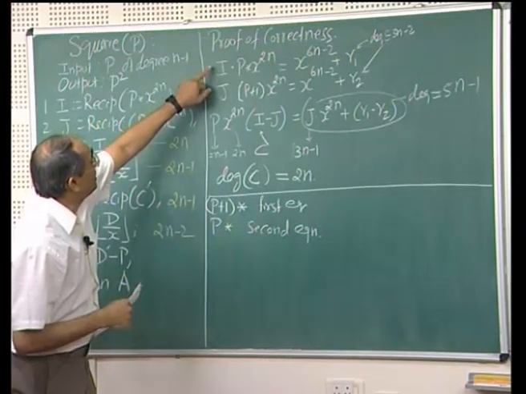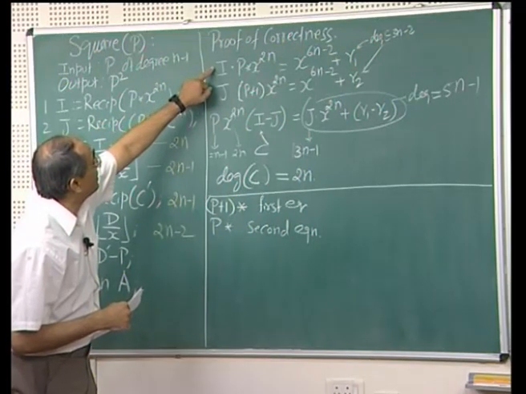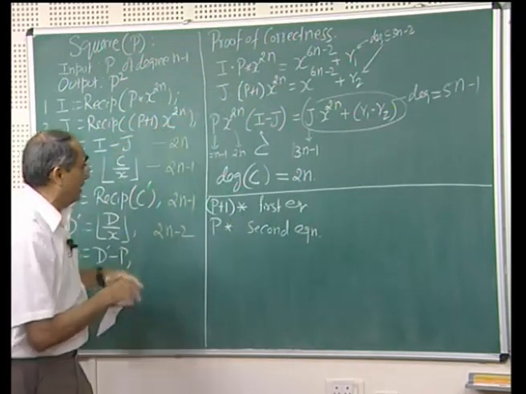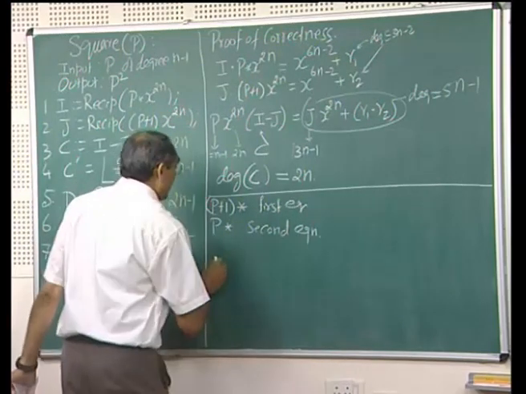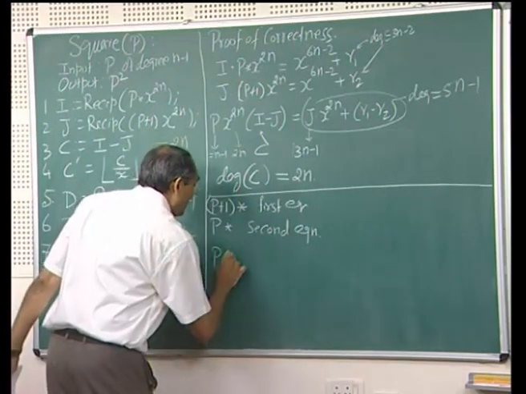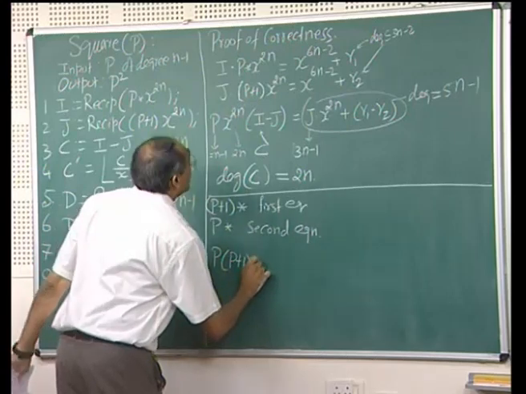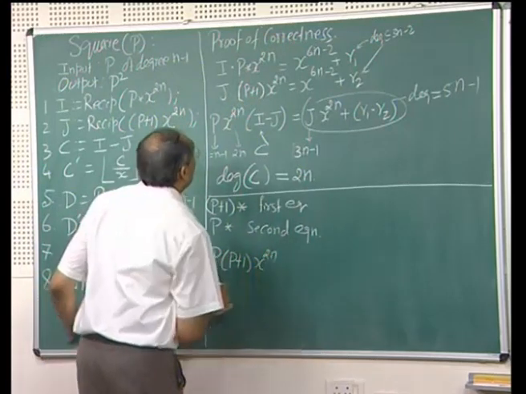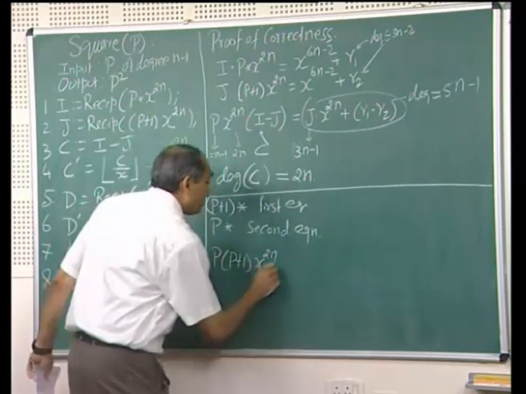Well, if I multiply this by p plus 1 and I multiply this by p, the left hand side and subtract, then I get p times p plus 1 times x to the power 2n times I minus j, which is c.